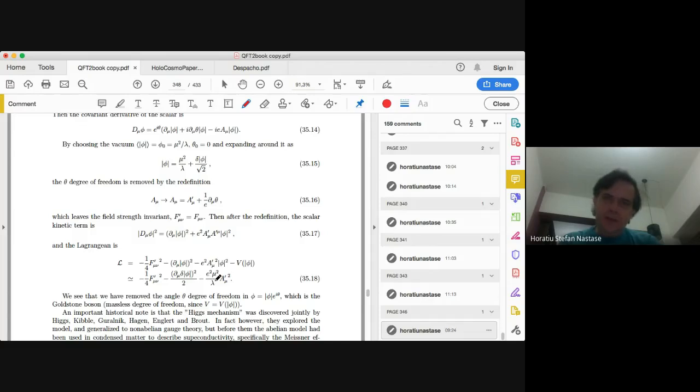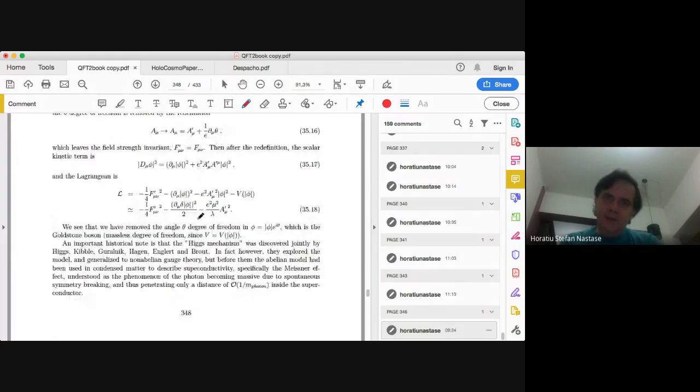And so I can rewrite the Lagrangian as approximately minus 1/4 F'_{μν}² minus the kinetic term for δ|φ| minus this mass term for A'_μ.